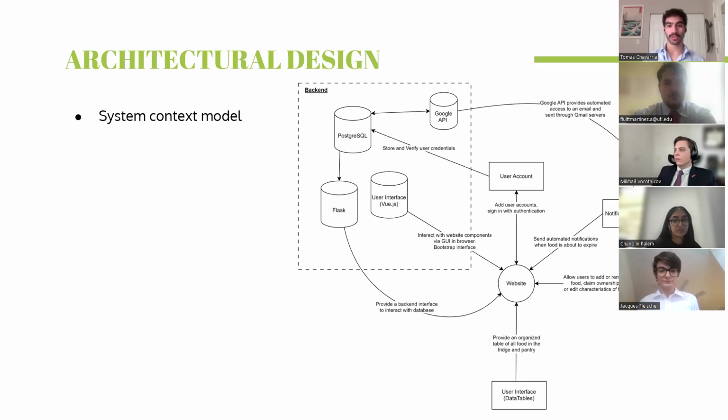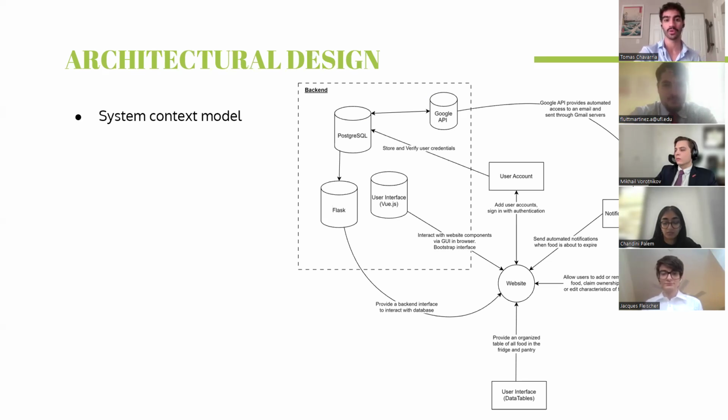Now, the most important part of this project is how we're outlining the architecture. And so what we have here is a system context model that virtually explains how we are going to be organizing, whether it be the back end, the front end, the actual database. We have everything organized. And so as you can see here, we have as the main node, the website that links to user accounts.